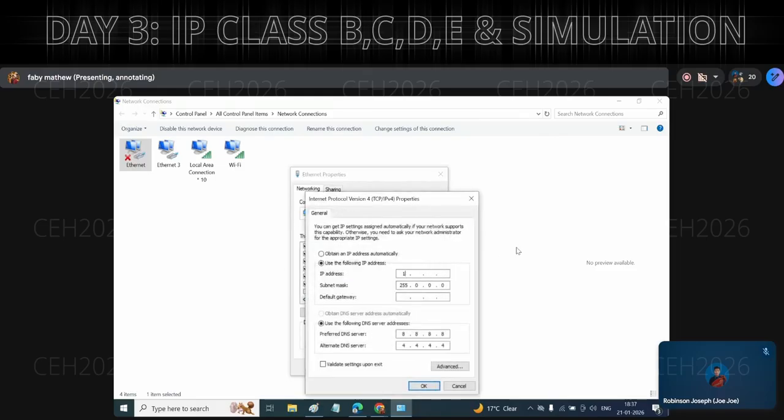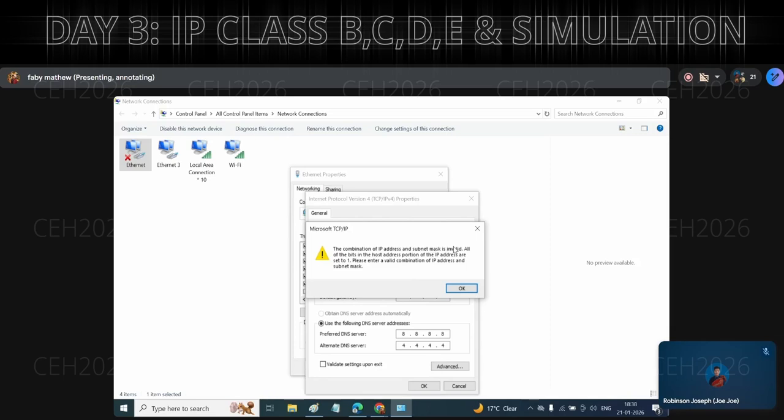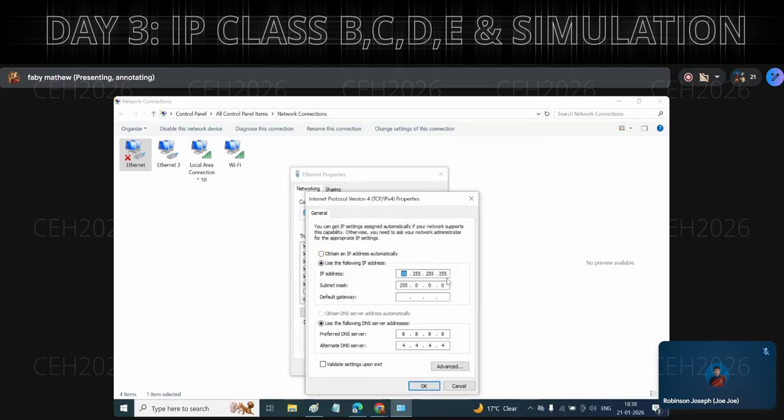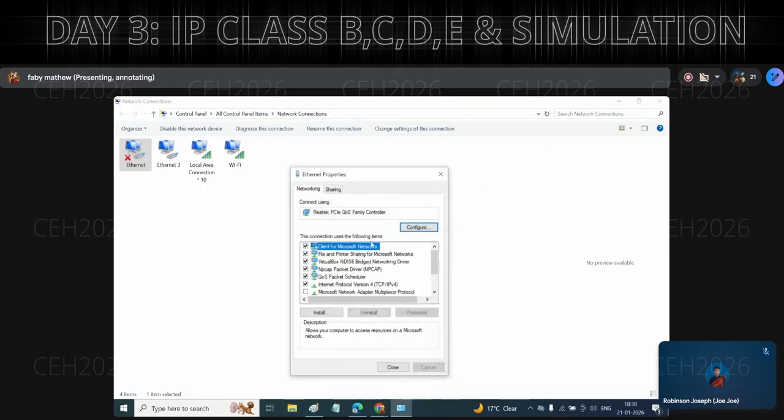If I place the value 10.255.255.255, so each and every bit of this particular address is on. So it is also not a valid IP address combination because it is a broadcast address. If I place the value 254, then it is a valid IP address. Fine.